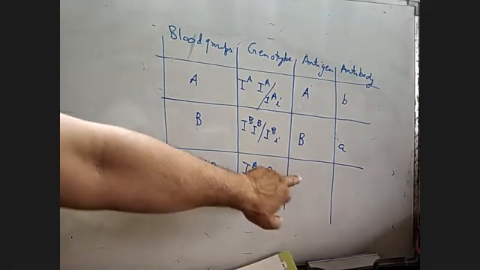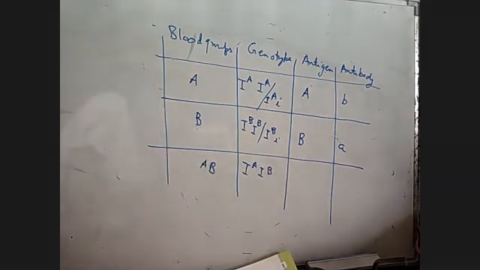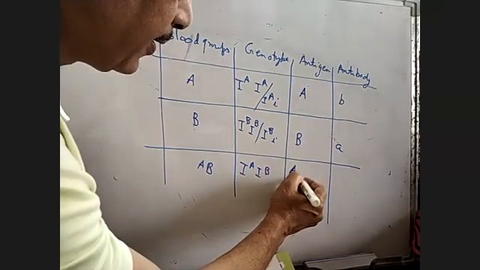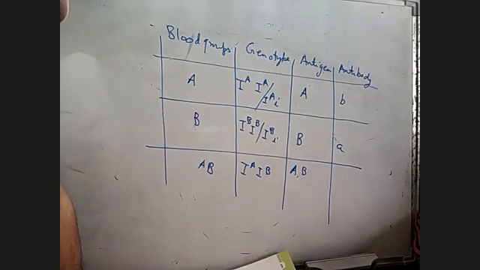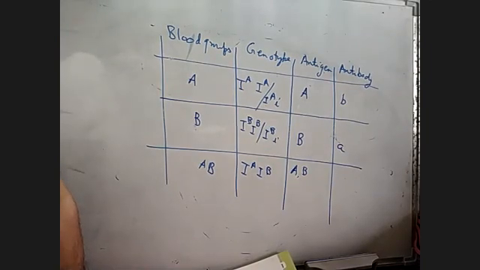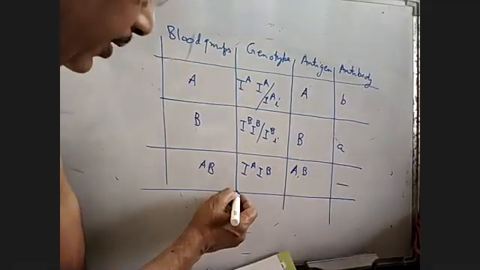For blood group AB, the antigen will be A and B, and the antibody will be 0. No antibody is there.